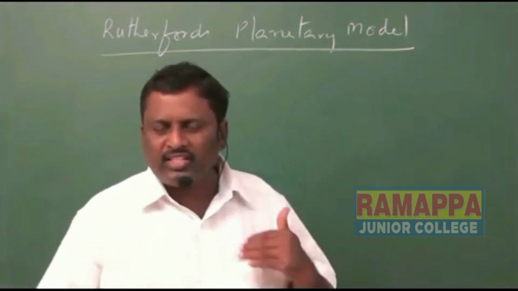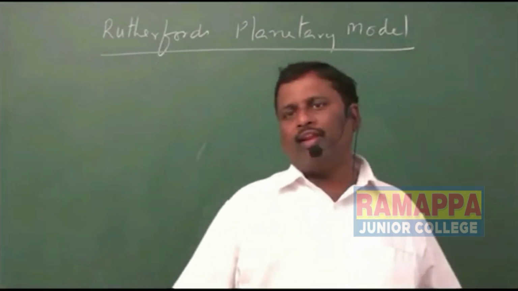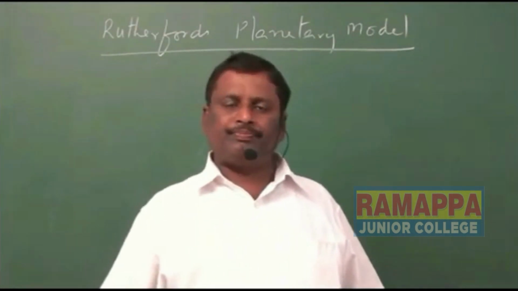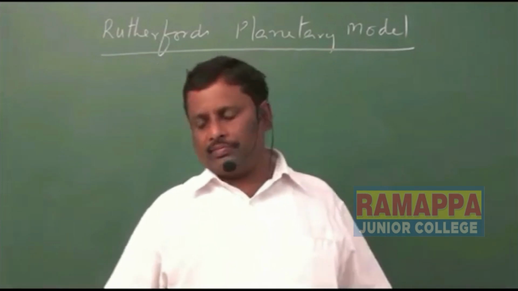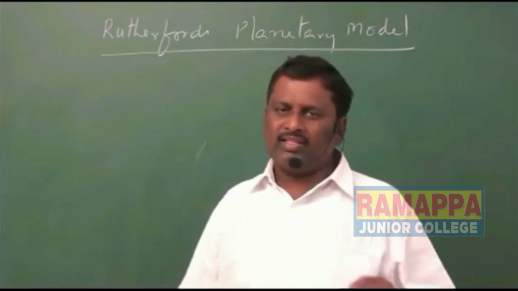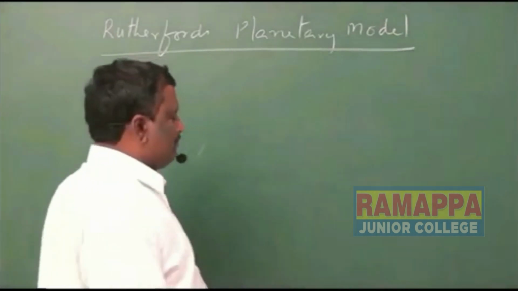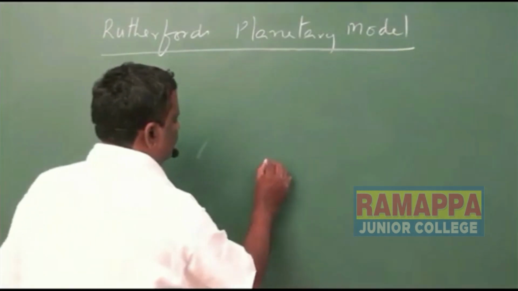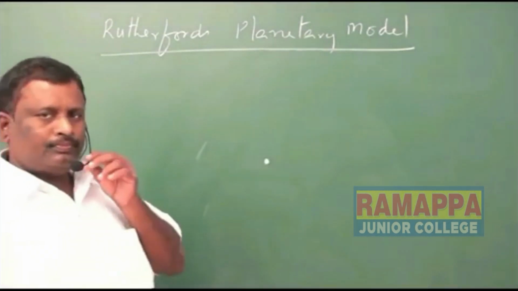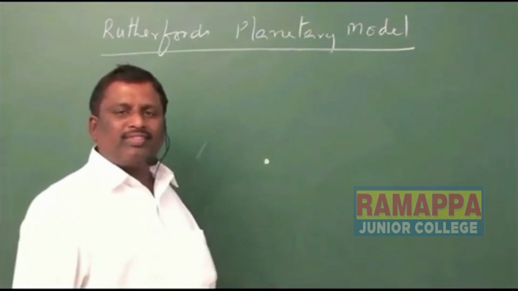From the results of the alpha ray scattering experiment, after analyzing the results, Rutherford proposed that in any atom, the whole positive charge and mass of that atom is concentrated at a minute point called the nucleus.